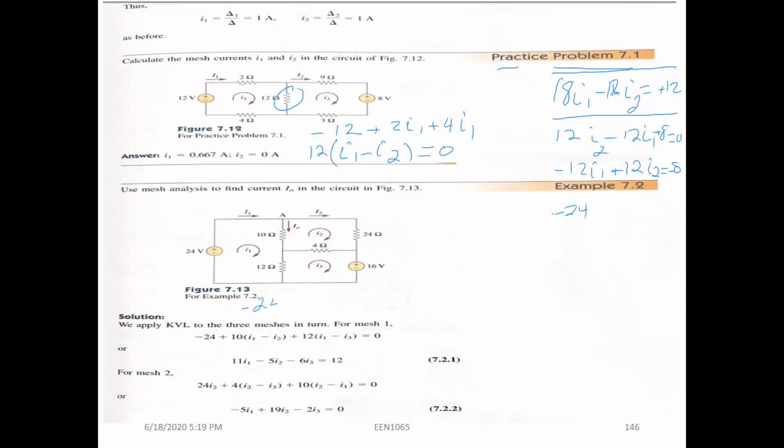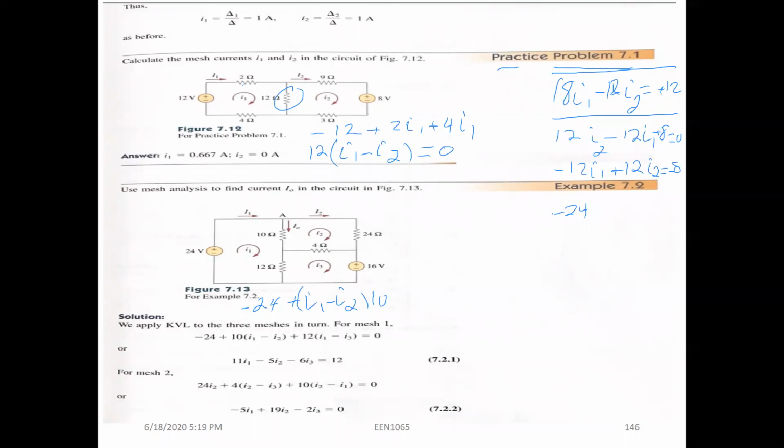Minus 24 plus I1 times 10 I1 plus. Now, again, if you want to use the book technique, you could combine and say I1 minus I2 multiplied by 10.